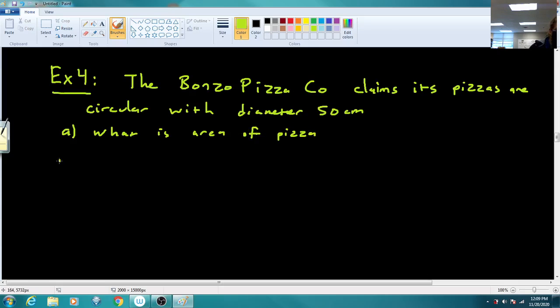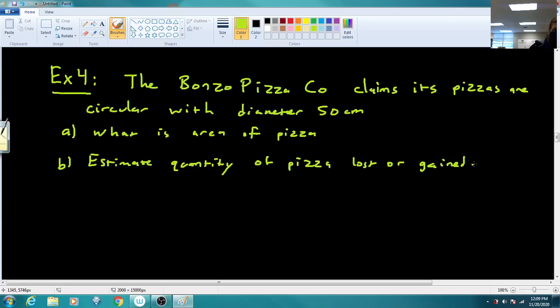And then part B, estimate the quantity of pizza lost or gained if the diameter is off by at most 1.2 centimeters.